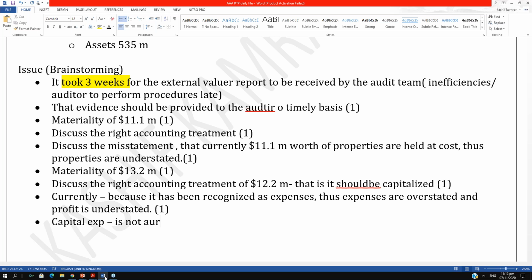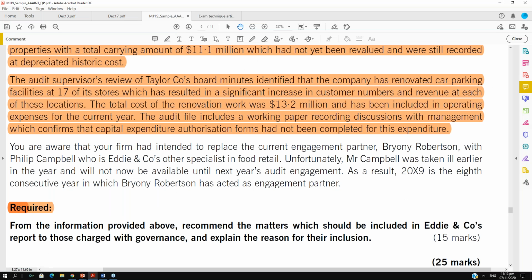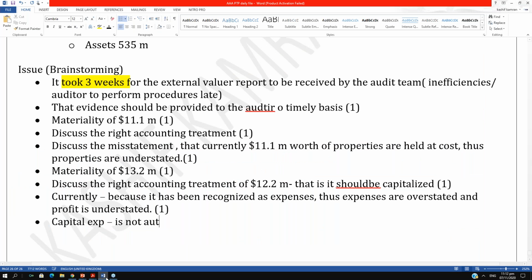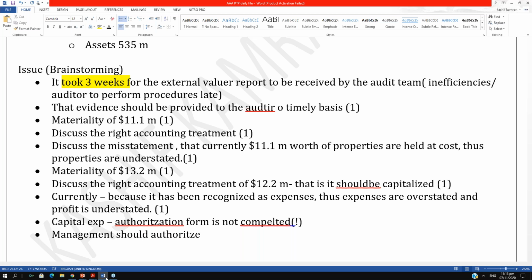If I'm not picking wrong, the capital expenditure authorization form has not been completed. 1 mark, and you will explain that the capital expenditure authorization forms are not completed, and management should authorize the forms carefully. You give them a suggestion, right?